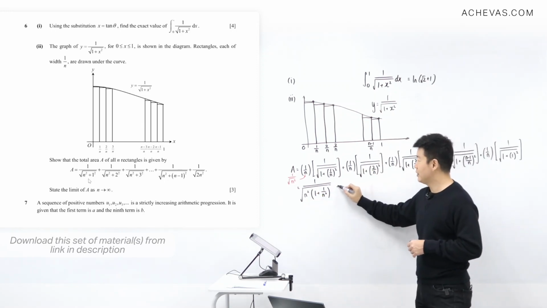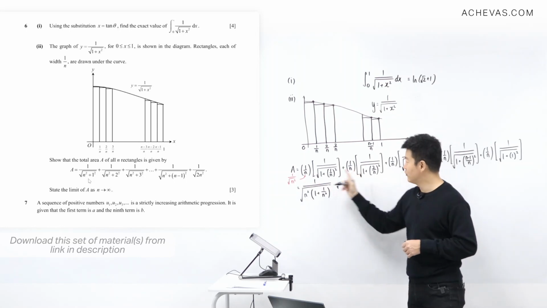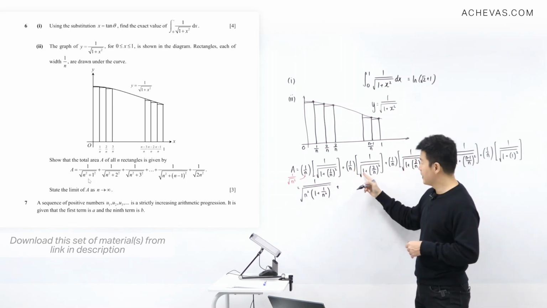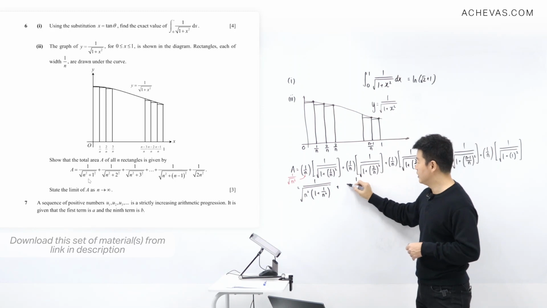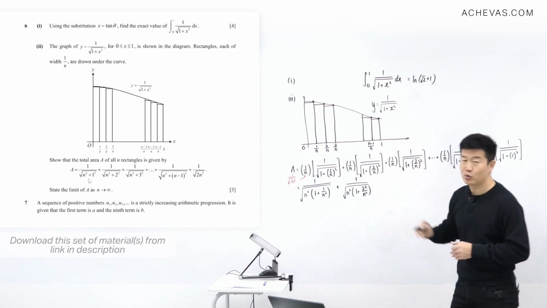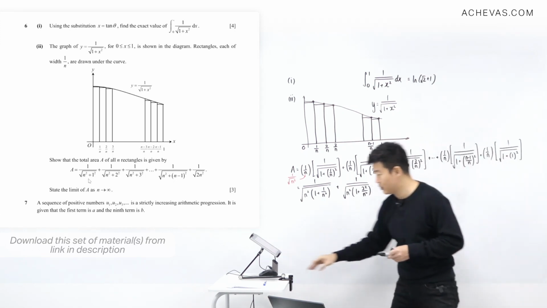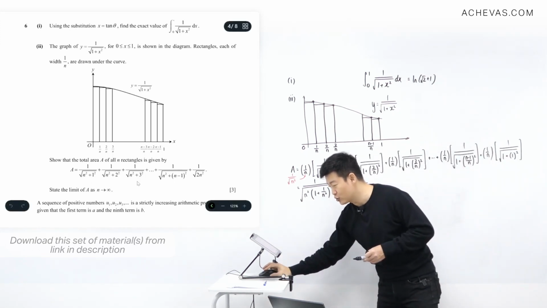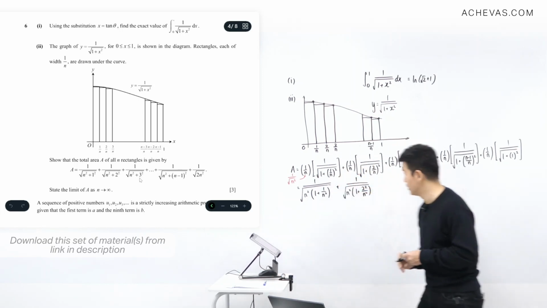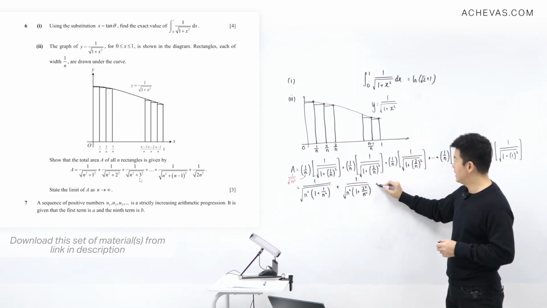I will do the same thing for this. Rewriting this into this form allows me to bring it into the square root. That will be 1 over square root of n squared multiplied by 1 plus 2 squared over n squared. I'm maintaining the 2 squared instead of rewriting it as 4 because the question also wrote a 2 squared, subsequently 3 squared, and so on. So this will be plus this.